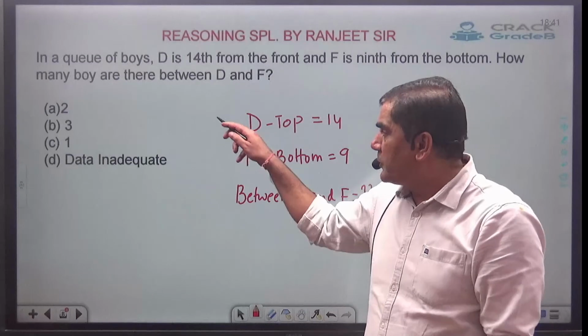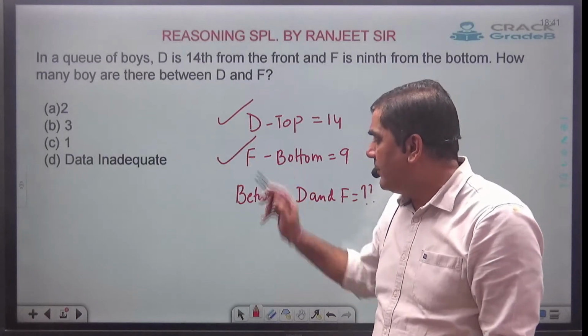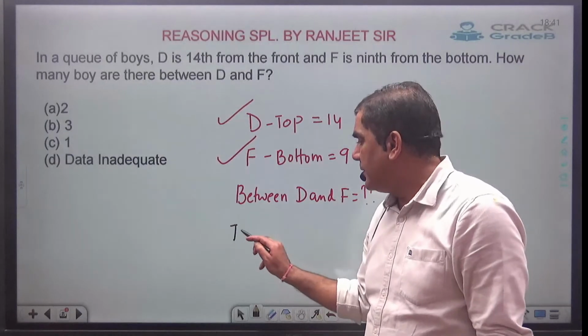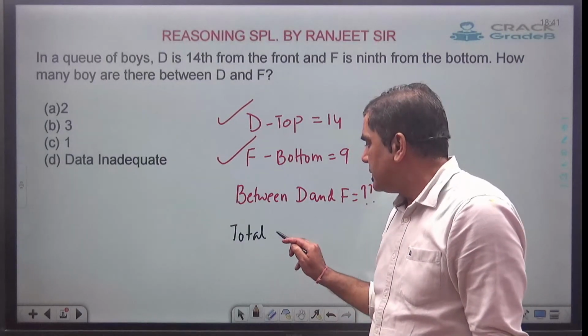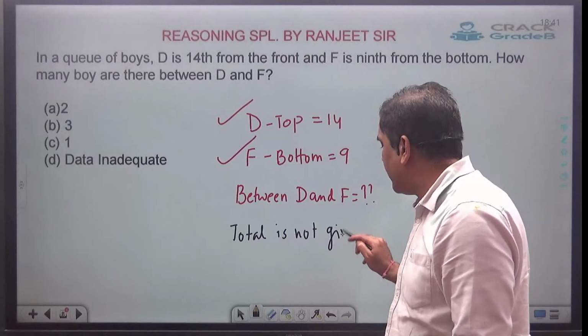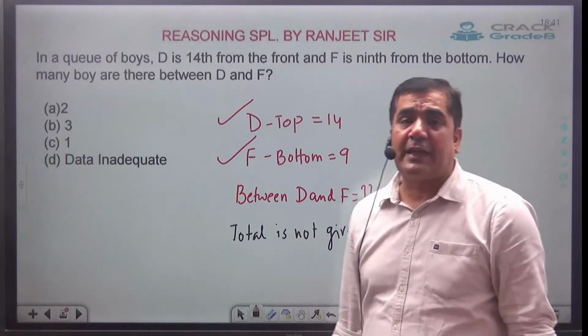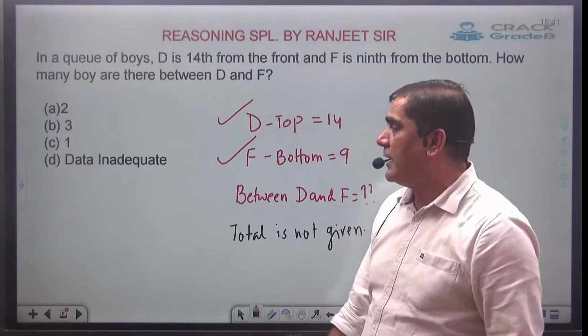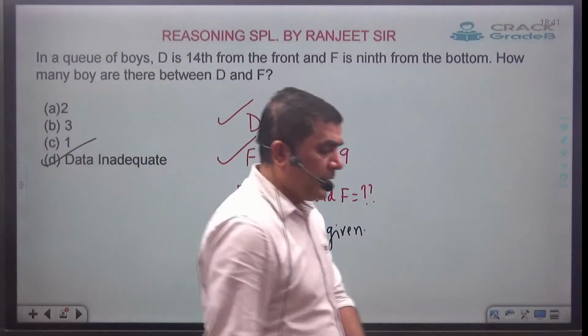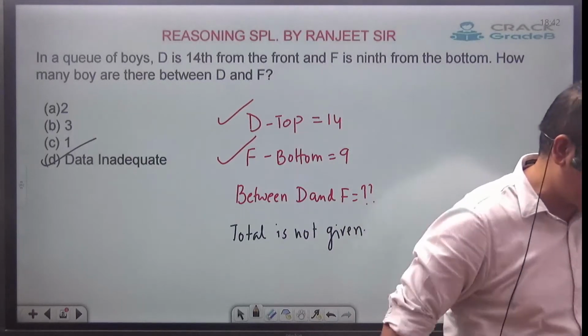Here, the position is given from top, the position is given from bottom, but the total is not given. So if total is not given, we can't find out whether this is case number 1 or case number 2. So the answer should be data inadequate. Data inadequate should be the right answer.